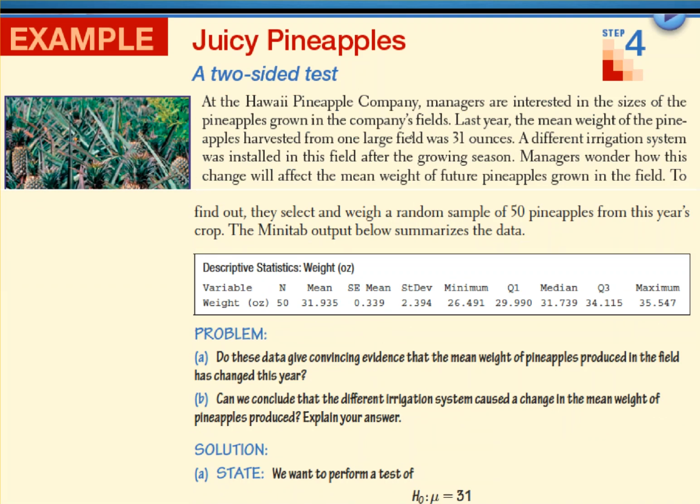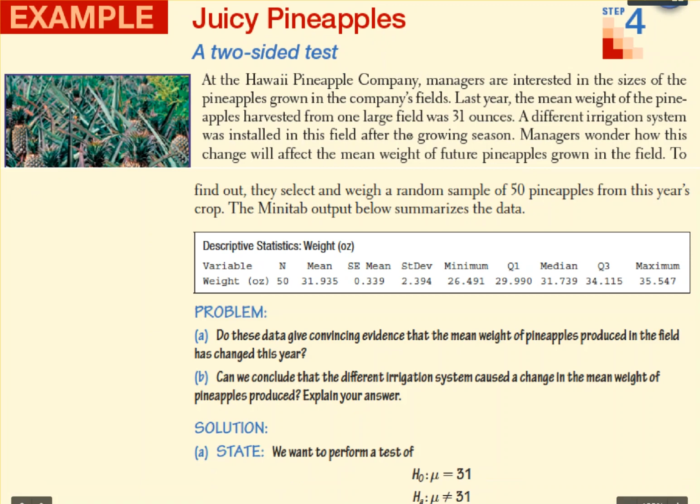All right, so just a few more examples here. So we talked about that pineapple company. They put in a new irrigation system. So the mean weight last year was 31 ounces. A different irrigation system was installed in the field, and they want to see if the irrigation system caused a difference.